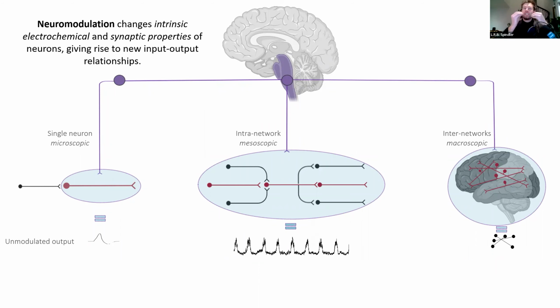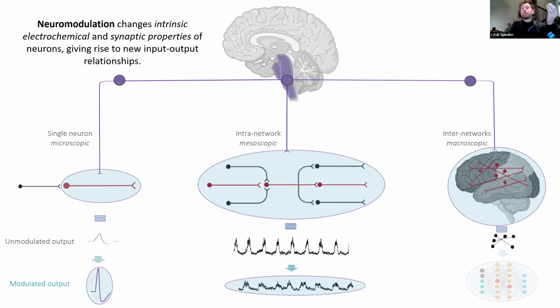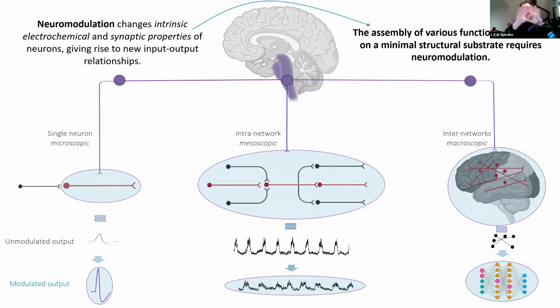And that changes the input-output relationships of single neurons, microcircuits, and of the relationship between networks. And that means that many different output types, many different architectures can be orchestrated on one and the same structural underpinning by changing their functional configuration through neuromodulation.